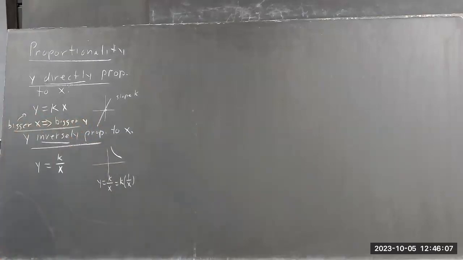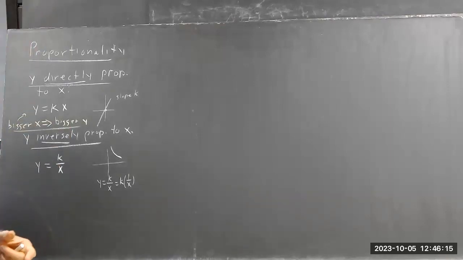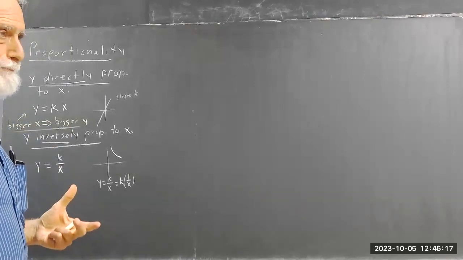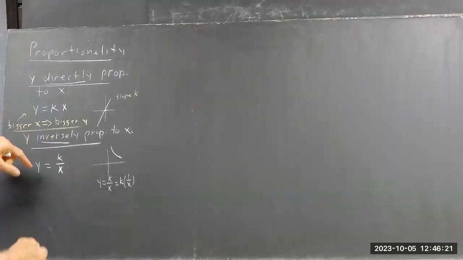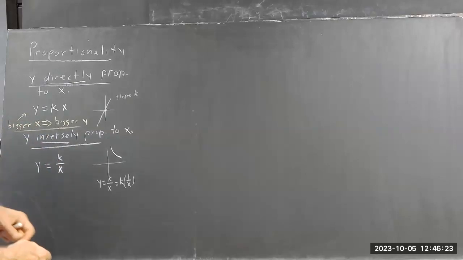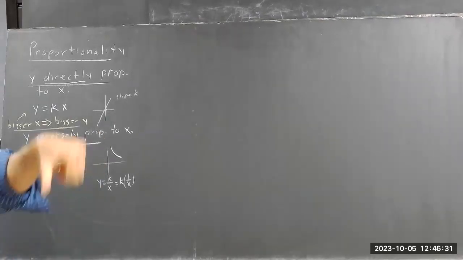It's not a mathematical statement. I have to use the word greater and less. So, okay, I'm still going to use bigger because it's more intuitive. Okay. Y equals K over X. Well, you're dividing K by X, right? So if X gets bigger, does Y get bigger or smaller?